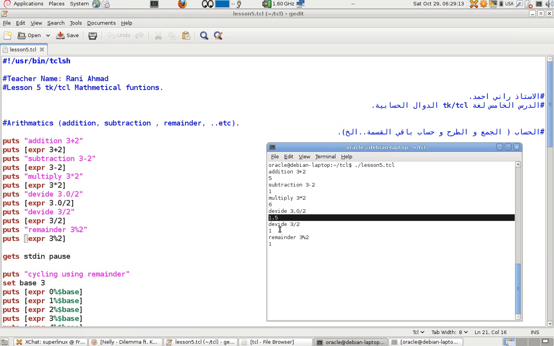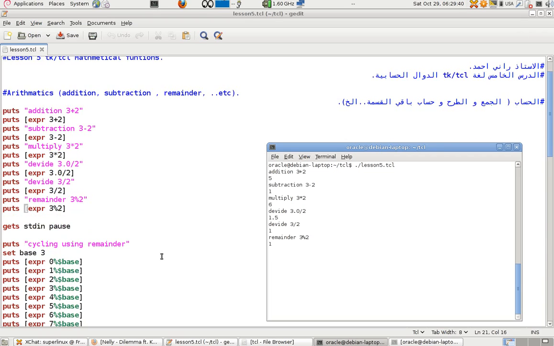So if you want a complete division, use full decimals, don't put just 3. Now this is the remainder, 3 modulus 2, which must give you the remainder of this integer or Euclidean division, which is 1.